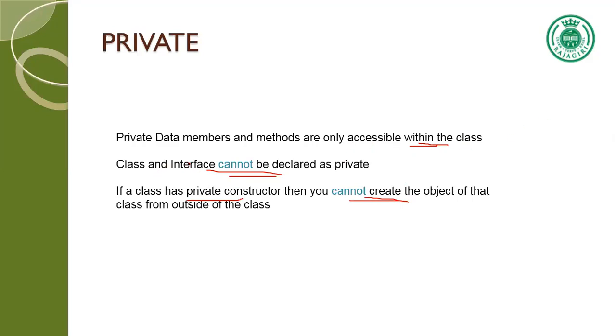A class and an interface cannot be declared as private. That is why you always write public class, public interface and all that. We never write these as private. Variables and methods, of course, can be private. If you have a private constructor, you cannot create an object from outside the class. This is similar to your CPP stuff.